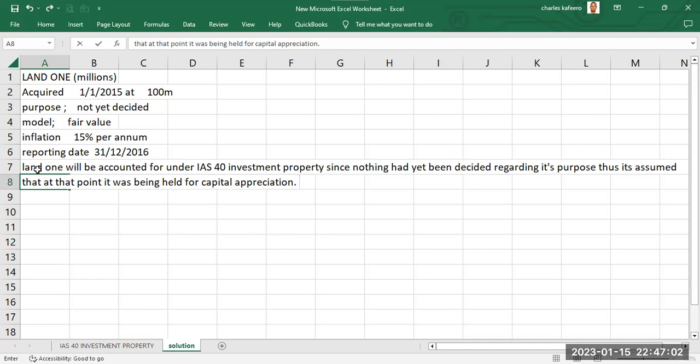Actually, maybe you can add that the land, we add the model that is going to be used.